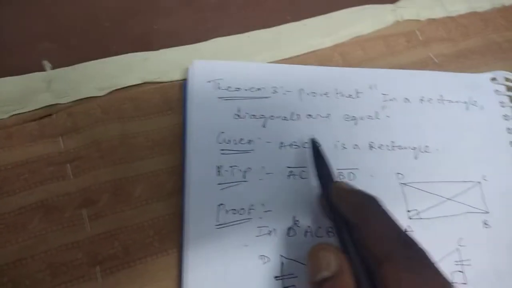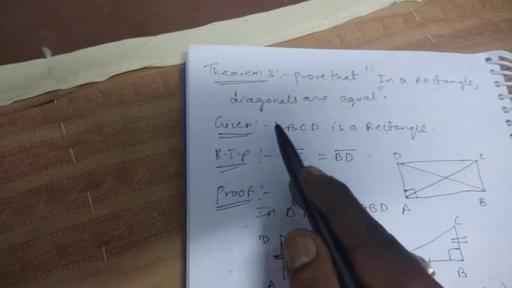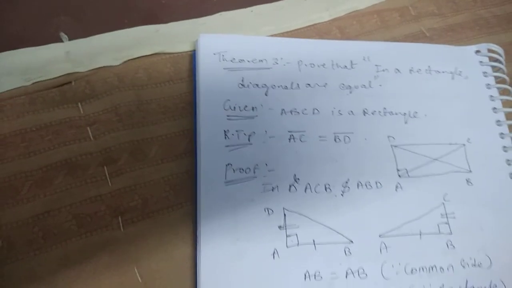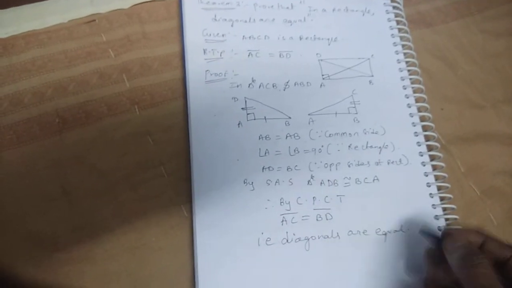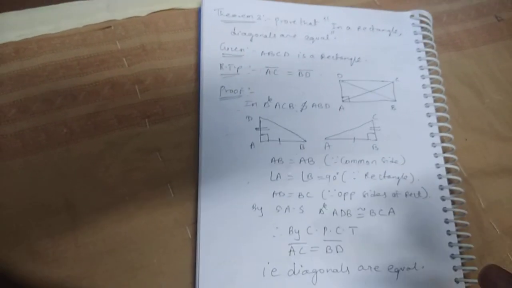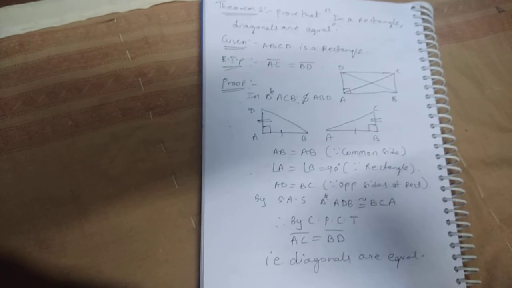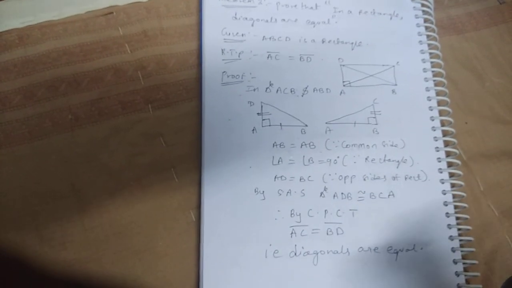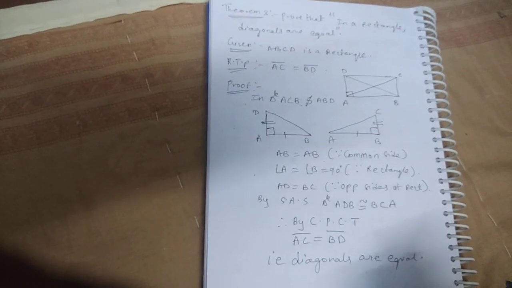That means in a rectangle, diagonals are equal. We have proved it. This is the proof for that. These are the three theorems related to rectangles. Next will be the definition of a square, and the properties and the proofs related to squares. Thank you.